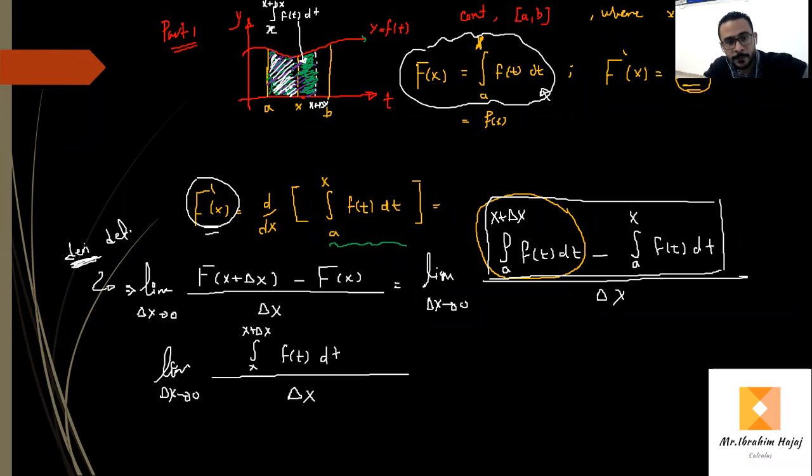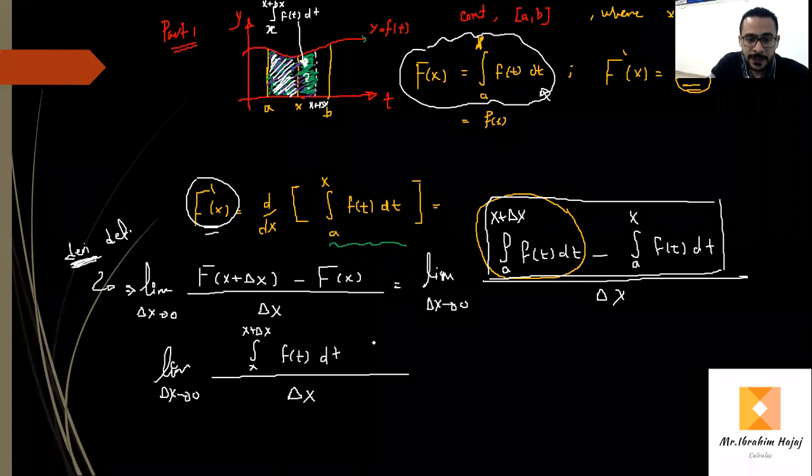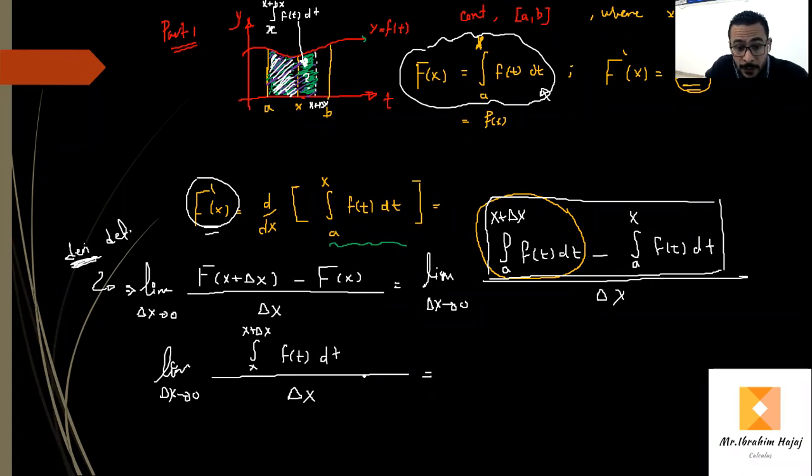When you subtract the larger area from a to x plus delta x minus the area from a to x, it gives you only this rectangle here, which has the definite integral from x to x plus delta x of f of t dt.